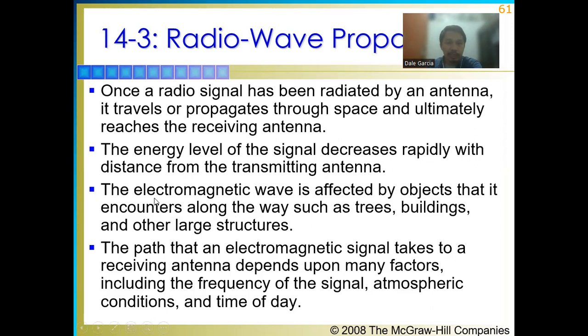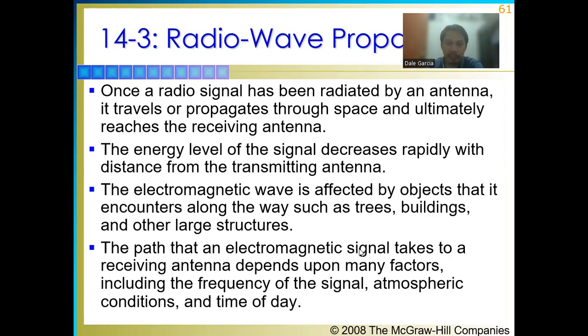In real-life situations, the electromagnetic wave is affected by objects it encounters along the way, such as trees, buildings, and large metallic structures. Notice that when you ride an elevator in a building, you lose signal, especially if the elevator car is made of metal. Weather matters too, and believe it or not, the time of the day.